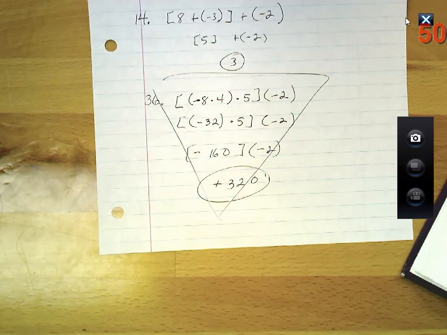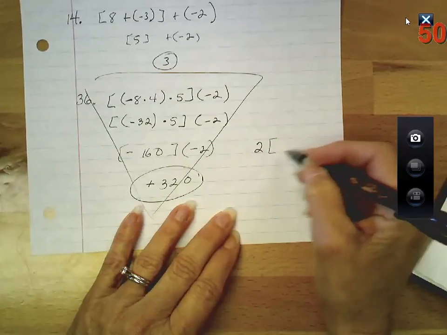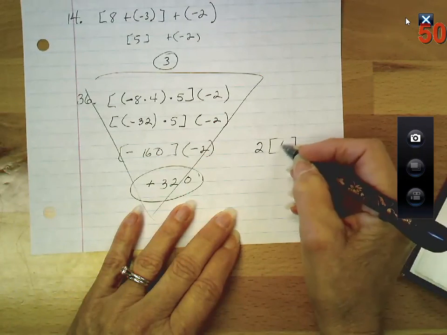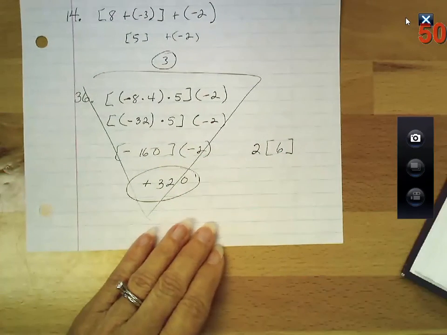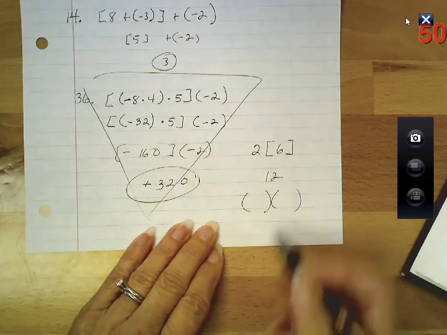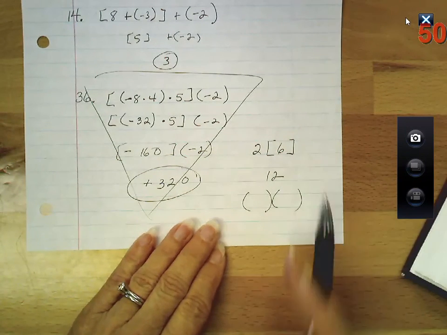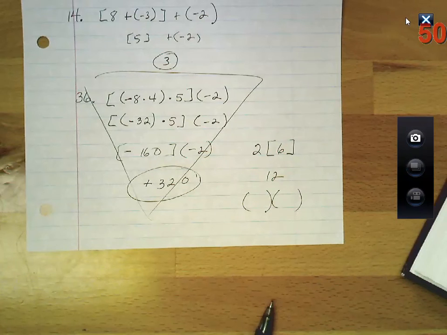Now, suppose I have something like this, a 2 out beside a 6. What does that mean to do? Multiply. Okay. So if you've got symbols next to each other, it means multiply. If you've got a number beside a symbol, it means to multiply. Always remember to do your innermost parentheses. What's the difference between the brackets and the parentheses? Nothing.